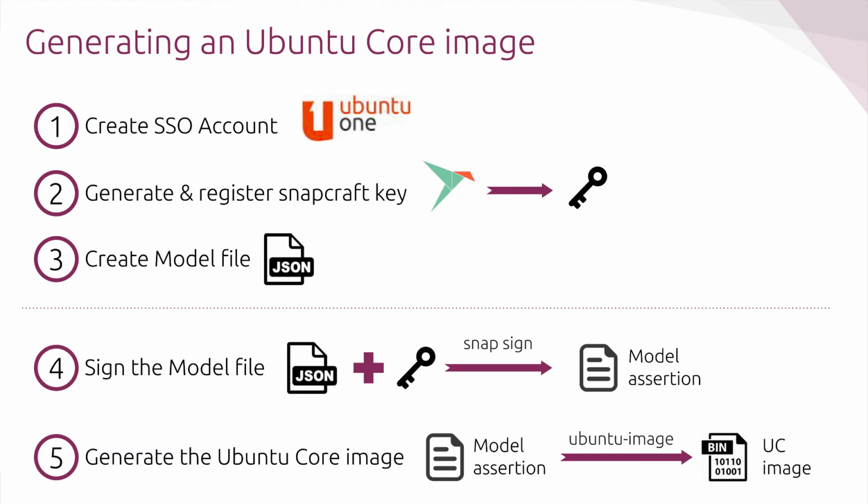And the last step is to generate the image with the command ubuntu-image using the model assertion. So the generated image is a binary that can be flashed in the boot storage device of the device that we want to use.